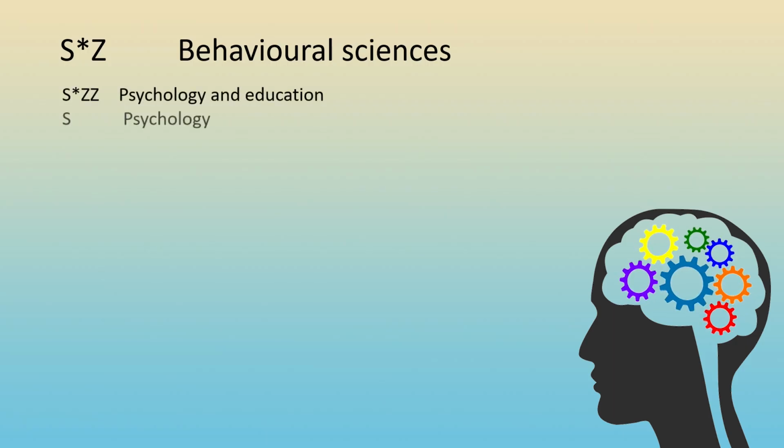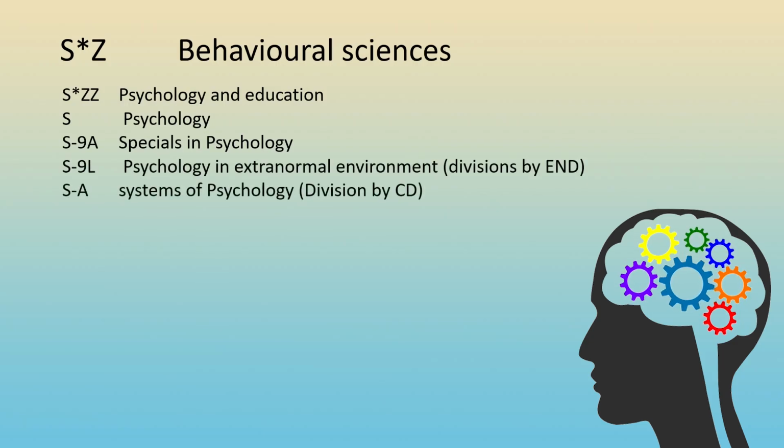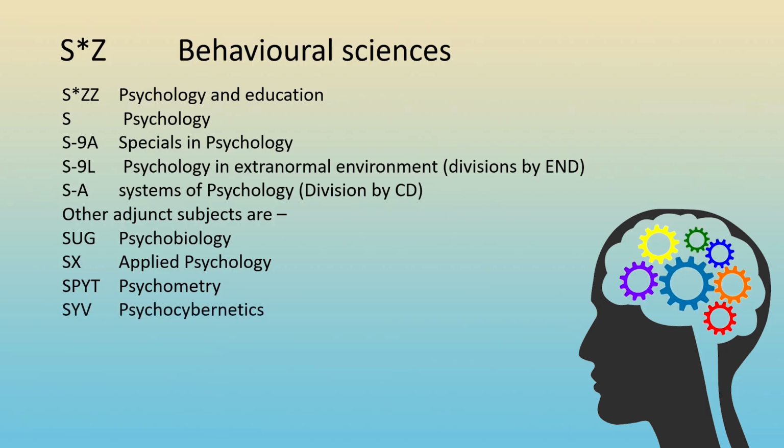Then again it includes psychology, specials in psychology, environmental divisions of psychology, systems of psychology, and other adjunct subjects are psychobiology, applied psychology, psychometry, psycho-cybernetics, and here the agglomerate capital R star capital Z, that is the philosophy and psychology, ends.